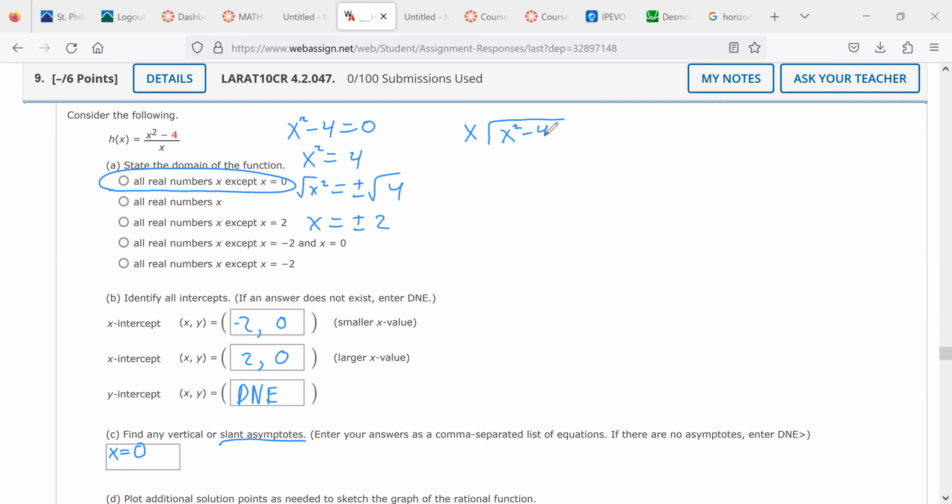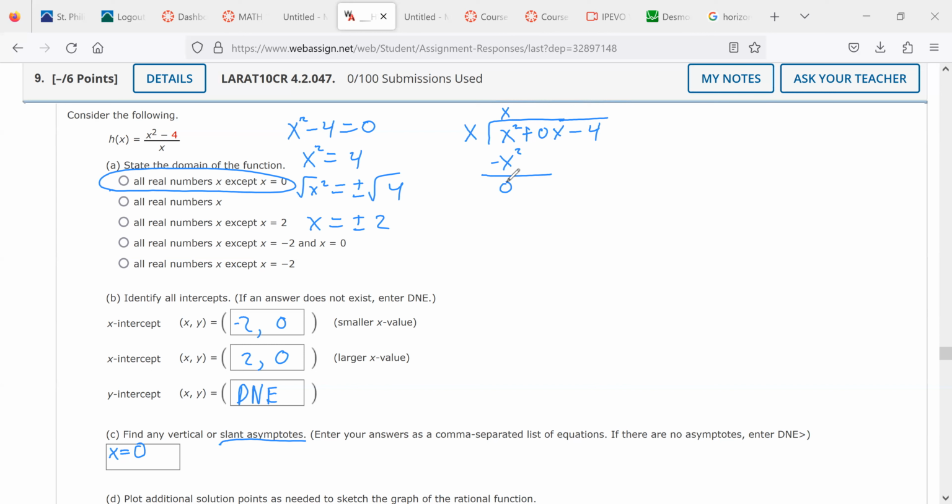When you do long division, you kind of have to add the missing parts. So we got no quadratic or no linear term. So x goes into x squared, x times x is x squared. Subtract it, that's 0.